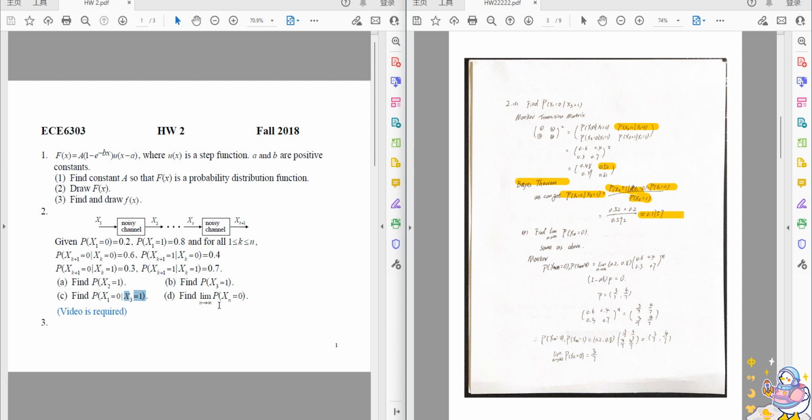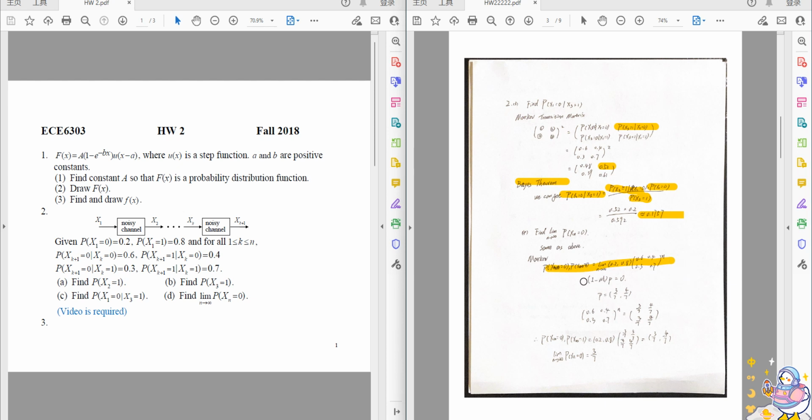Now is the last question. We need to know what the probability of xn equal to 0 is as n approaches infinity. And we use the Markov chain formula to calculate this, like before. But the key point is how to process the matrix to the nth power.